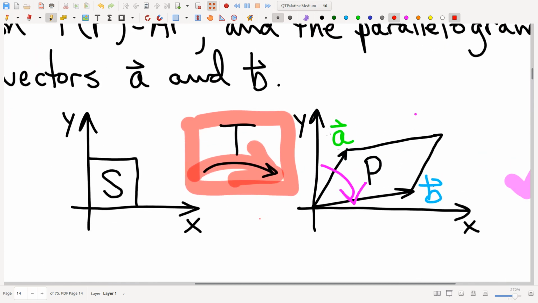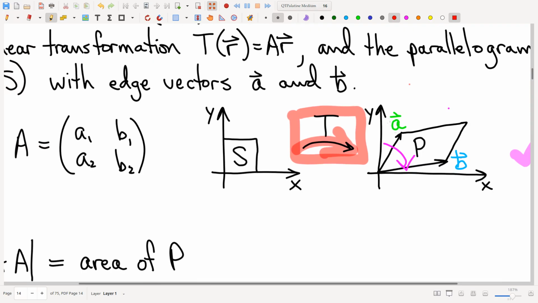Well, keep in mind, let's see here. Do it like this. So this vector A is that first column. Don't forget from linear algebra, the first column is always the image of the first standard basis vector.